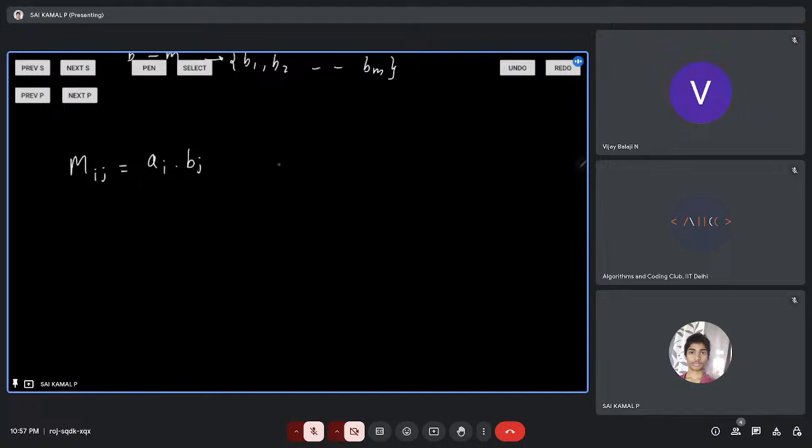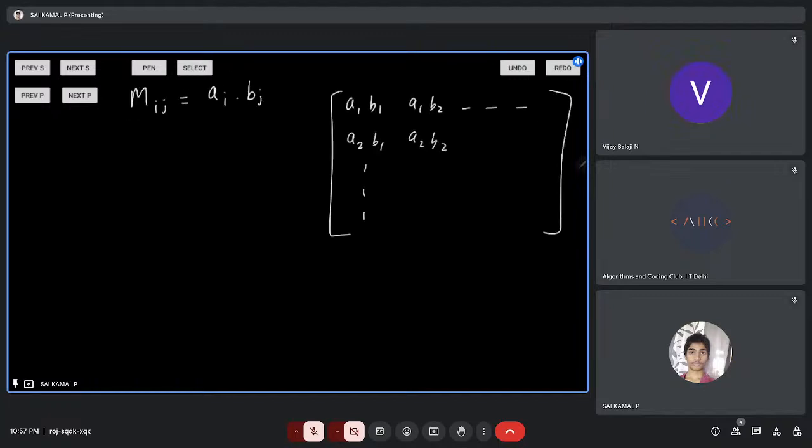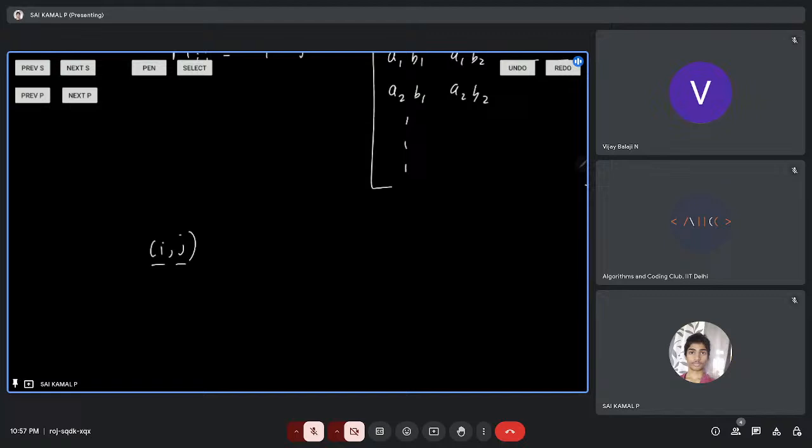Then we essentially have this matrix: a1 b1, a1 b2, and so on, and a2 b1. So this is the kind of matrix that we are forming here. Then we are asked to do an operation i comma j such that you make all the elements of the ith row and the jth column equal to 0.